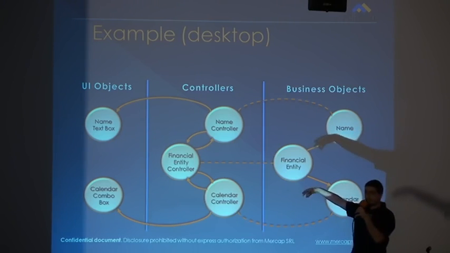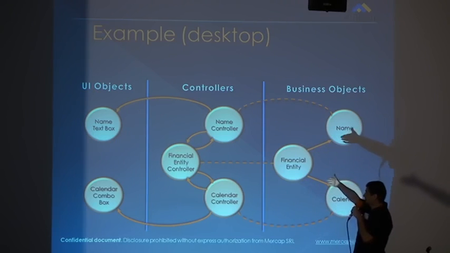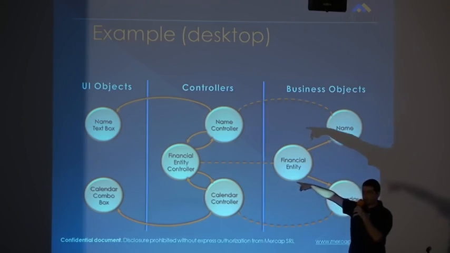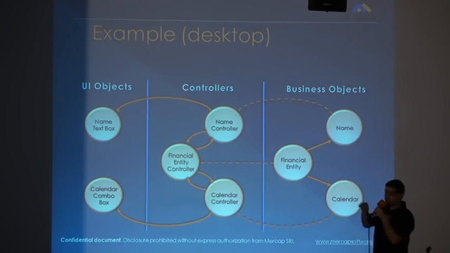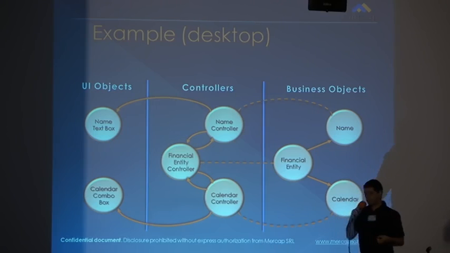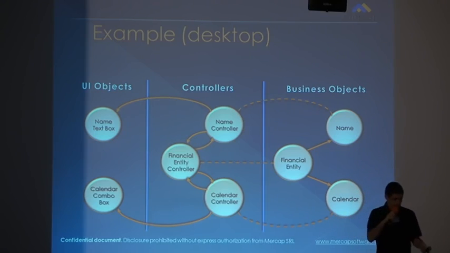It needs the model of other controllers to create its model, and basic controllers need the model, or the value, of the user interface object to create its model. We will refer to the name and calendar controllers as basic controllers, and to the financial entity controller as a composite controller.